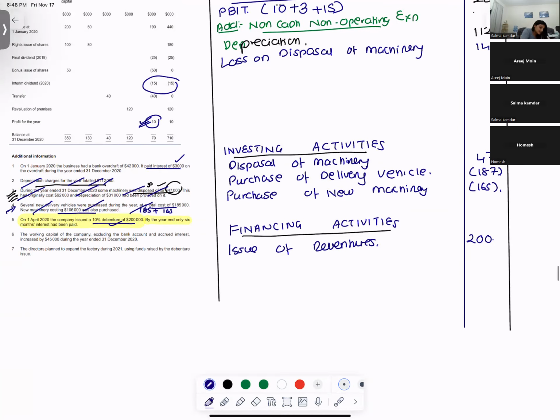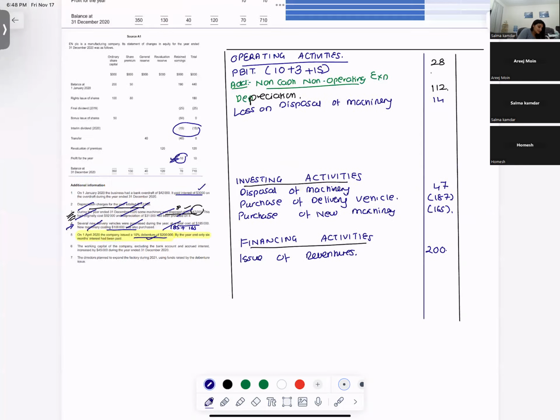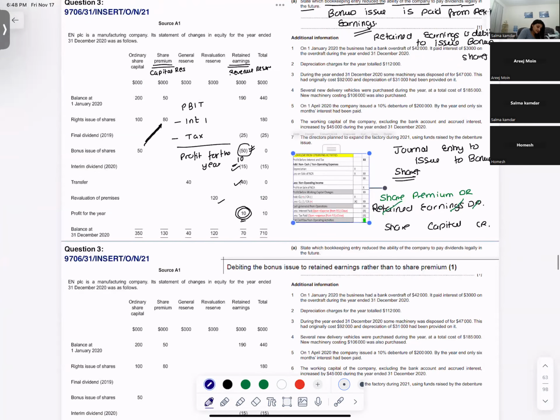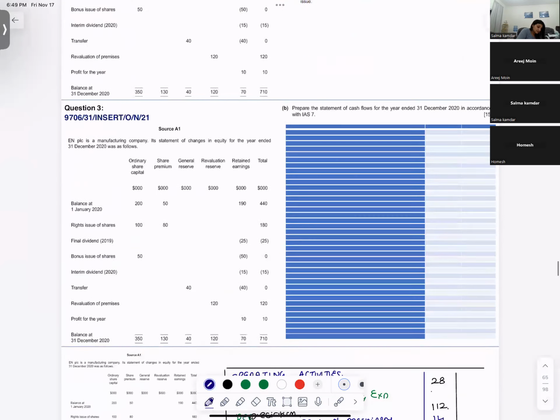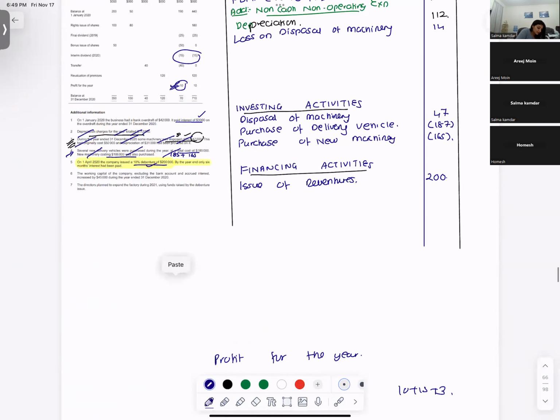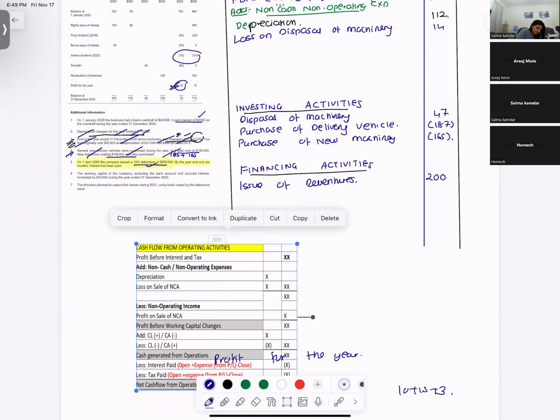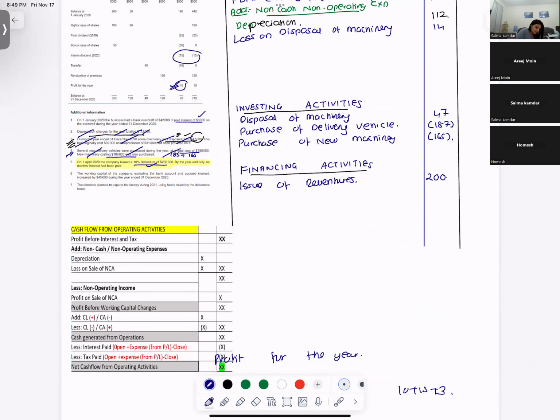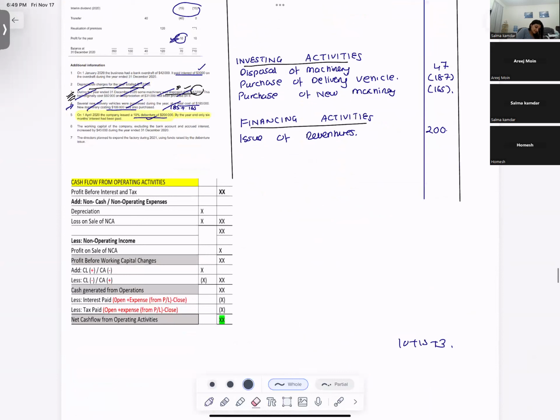Interest paid. How much is the interest paid? For 6 months. Where do you write this interest paid? In financing activity, you will only have dividend paid. So where will you write this interest paid? See, cash generated from operations minus interest paid minus tax paid.